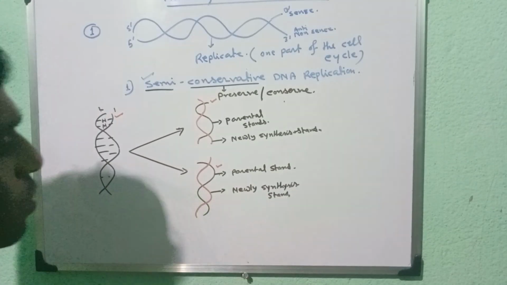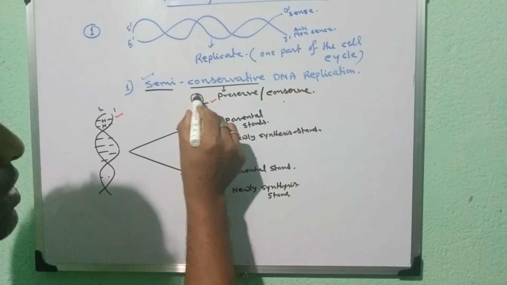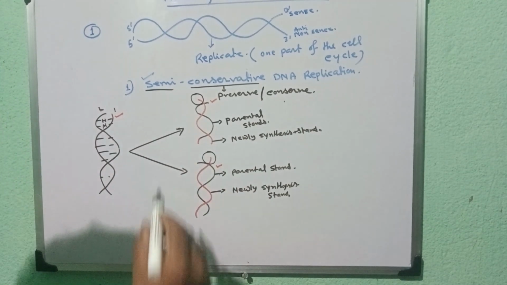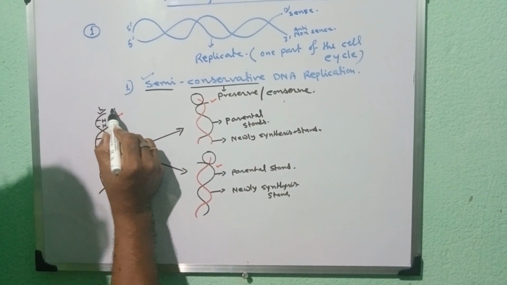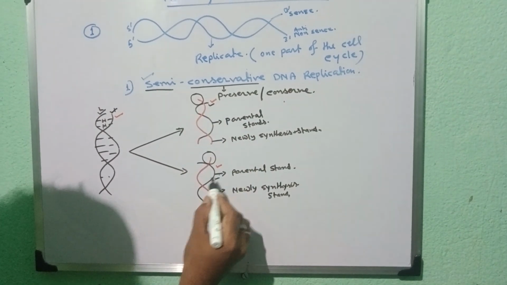Here one strand is newly formed, and here also one strand is newly formed. In these two DNA molecules, one strand, the black color strand, is conserved.